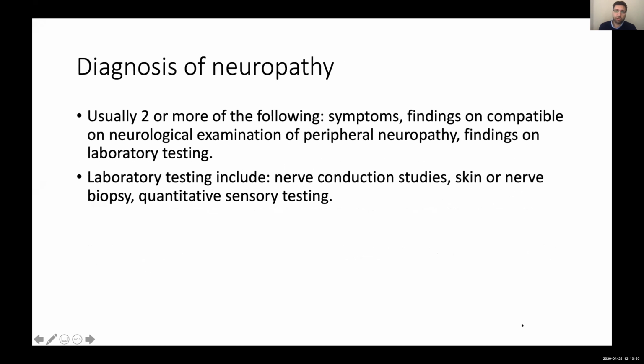So how do we diagnose neuropathy? This is important. The symptoms that I just showed you of peripheral neuropathy are non-specific. Any type of neuropathy can give you similar symptoms. People who have severe or uncontrolled diabetes develop neuropathy, and the symptoms can be exactly the same.